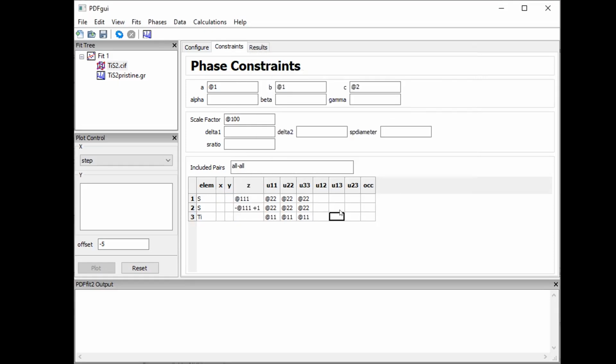And now you see the software automatically defines this position as the 111 parameter. And this position is related to that one by a translation. So it's basically like a mirror, right? It applies a mirror first. Since x, y are the same, and there's a mirror such that z is the opposite.